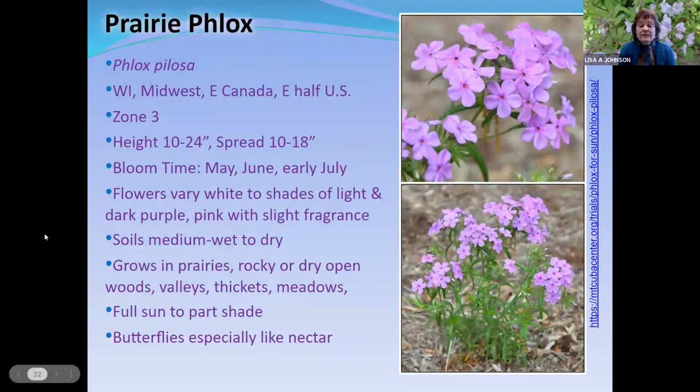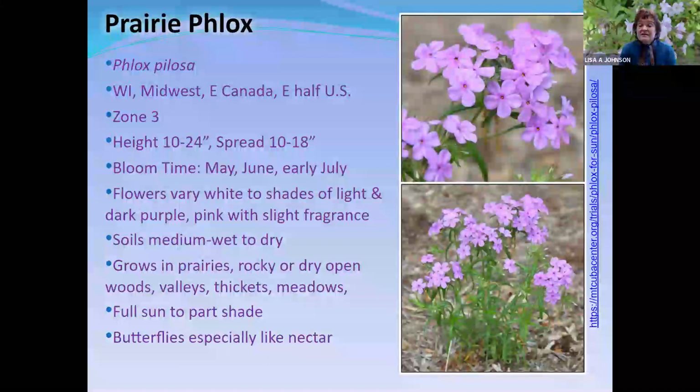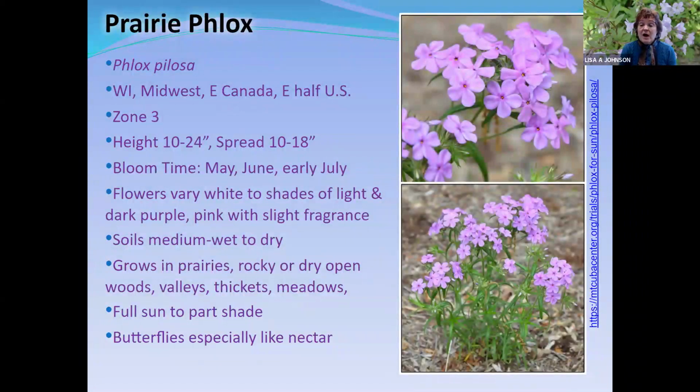Prairie phlox. This one is a little later starting in the season, but it goes quite a bit later too, all the way to early July. This one sometimes gets confused for an invasive plant called Dame's Rocket.